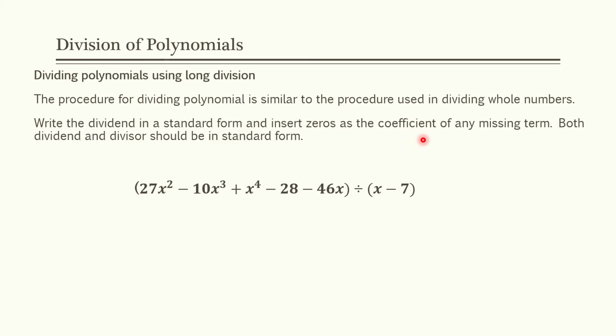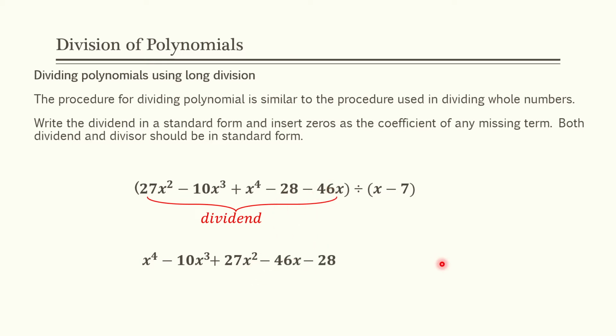So we have to arrange this dividend into standard form. So we have first x to the fourth, okay? Tapos, we'll have minus 10x cubed. Next is plus 27x squared minus 46x, and pinakahuli yung constant, minus 28.